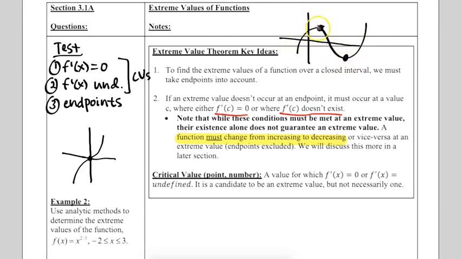I see that we're increasing here, then we get to a max, and then we're decreasing. Then we get to a min, where we go from decreasing to increasing. So we're going to see where our function is switching from increasing to decreasing, or vice versa, to find that actual critical value. And remember, our endpoint might also be an absolute max or min. We're going to keep that in mind.